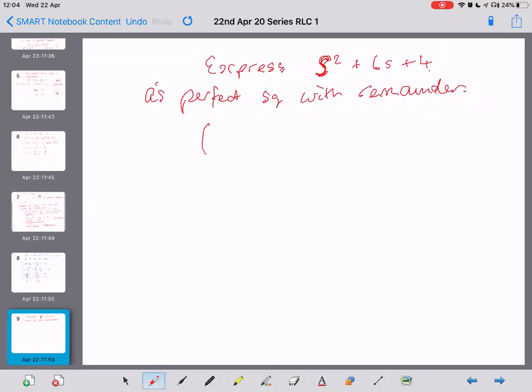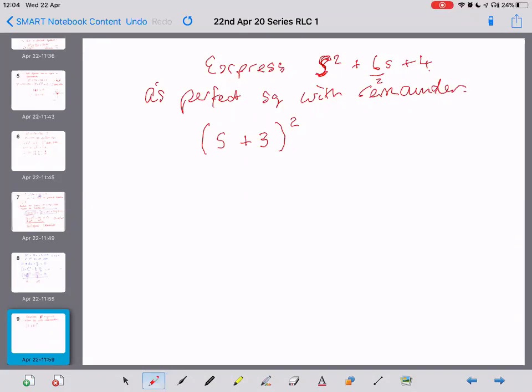Well, we know we want to write it as s plus something all squared. S plus 3. And to get that, we halve the 6, so we wrote 3.